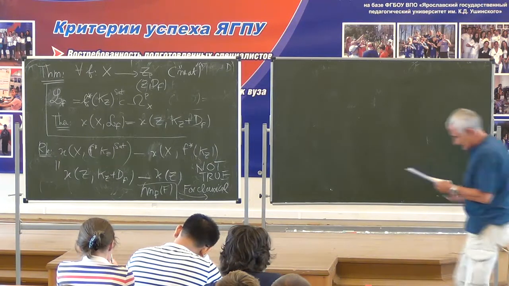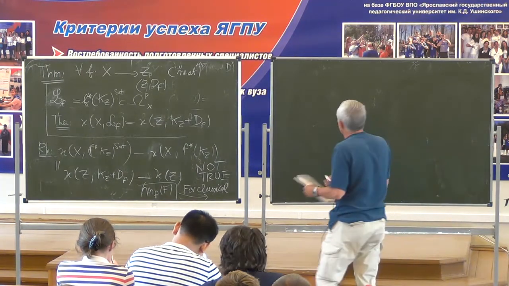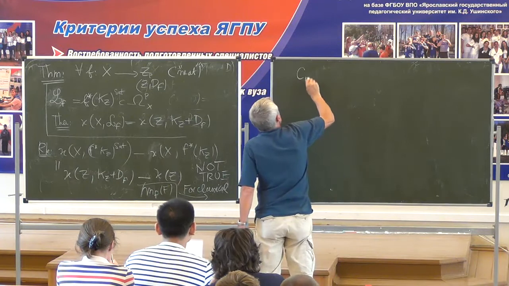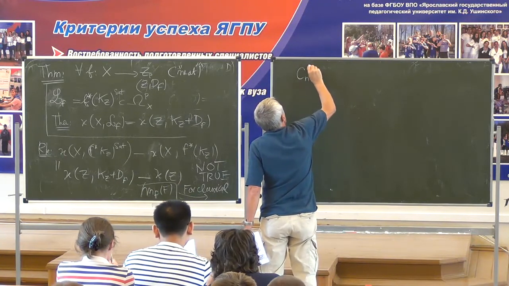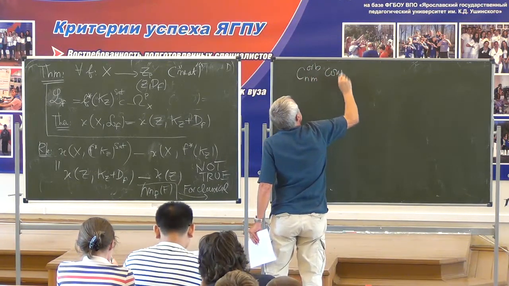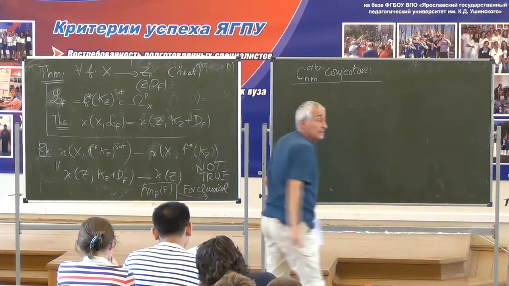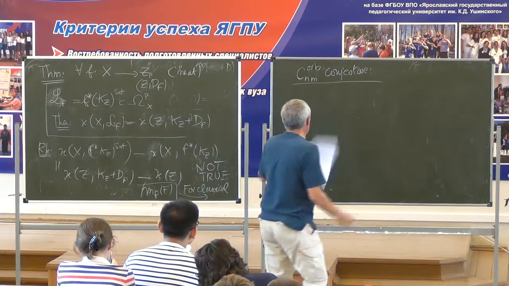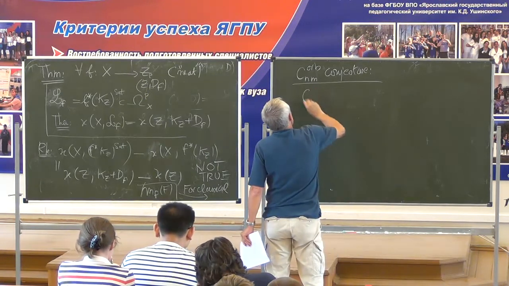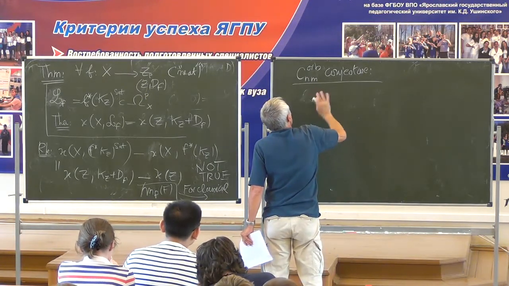So we have this separation. Now let me state the Campana orbifold conjecture, and I give just the simplest version. This is the following.